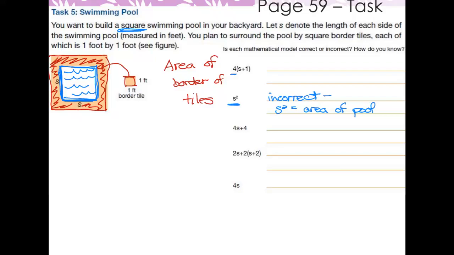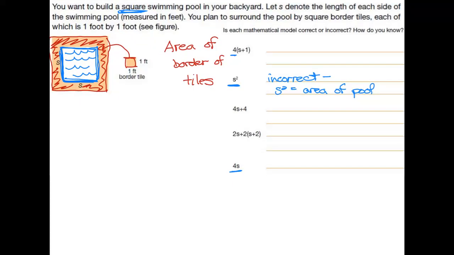4s. Let's go to this one. 4s. Where do you see 4 s's? The 4 sides. So if I have, let's do a different color, here's 1 s, this is 2, 3, 4.